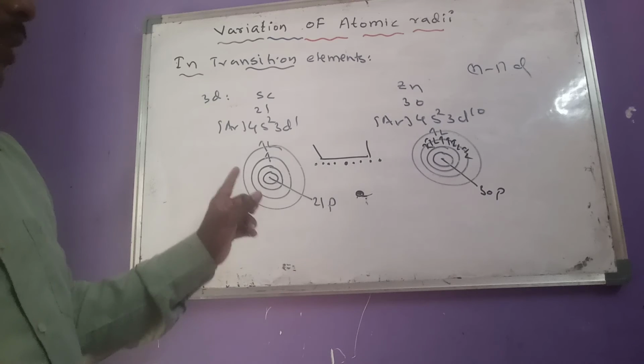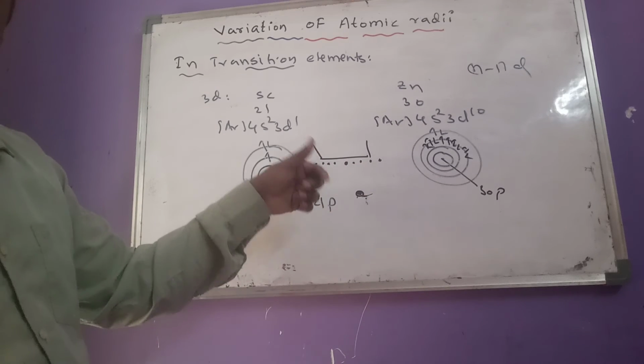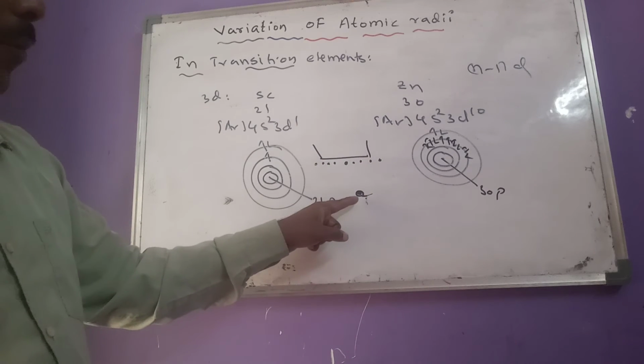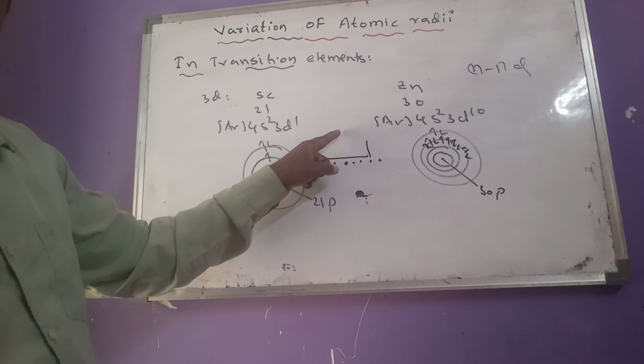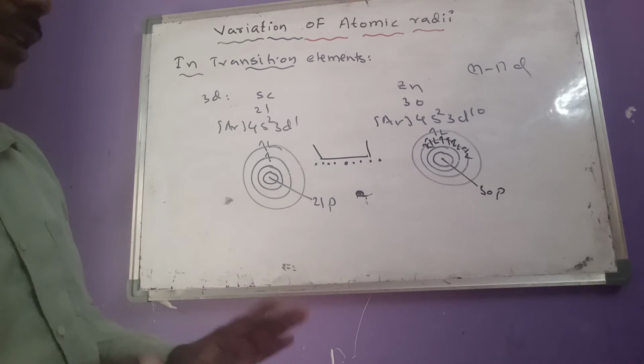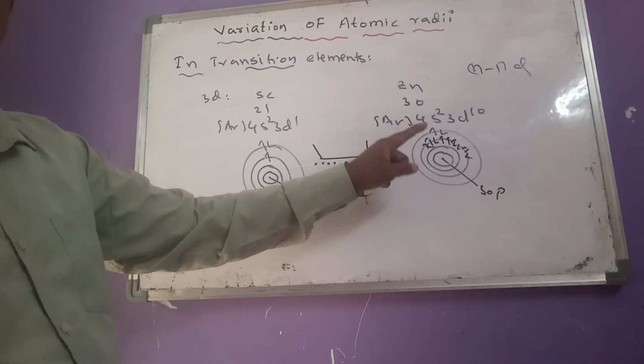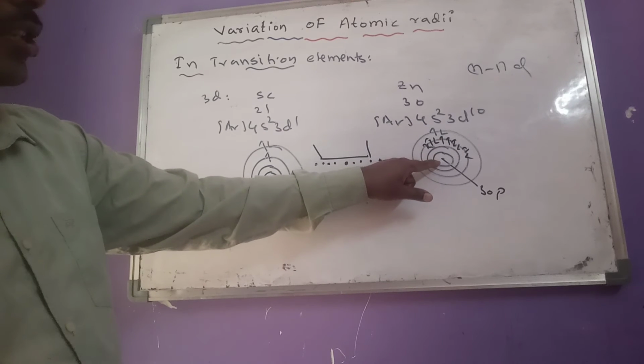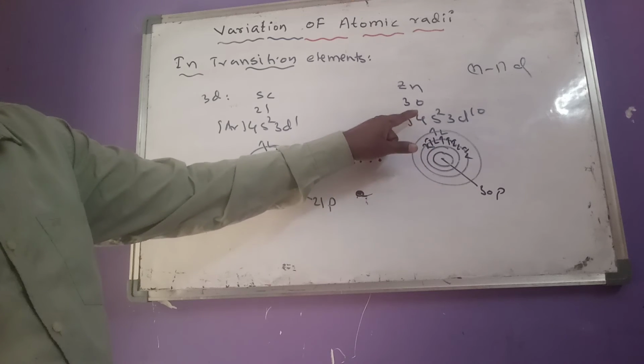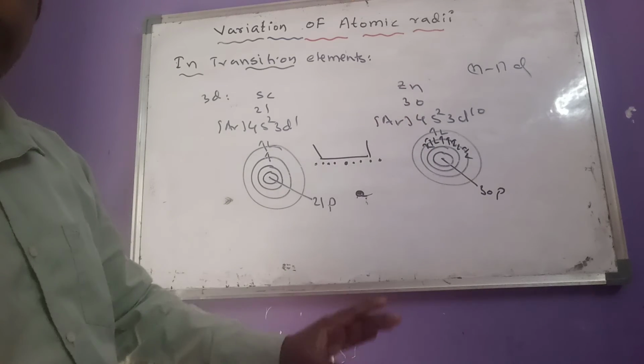Like that, as the number of goalkeepers increases, the probability of the ball reaching that place decreases. In a similar way, as the inner orbital electrons increase, the effective nuclear attraction on the outer orbit decreases.